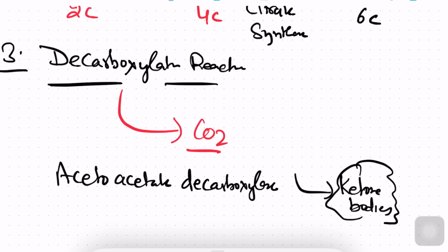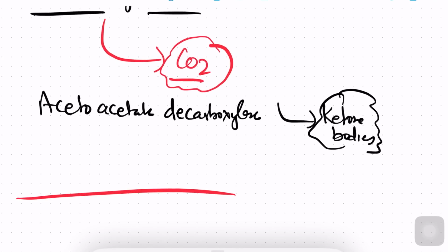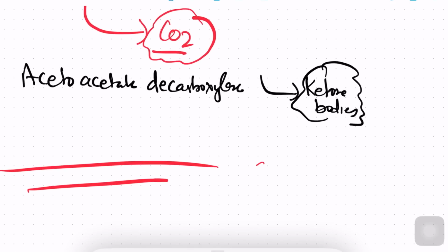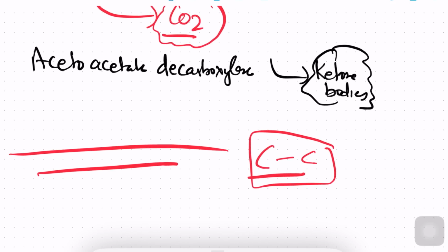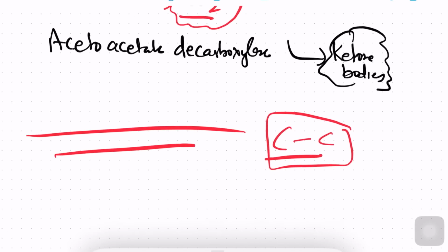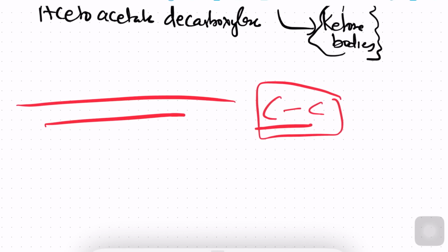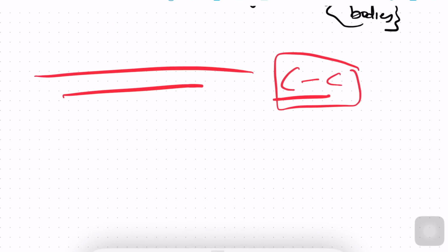So in this reaction we see release of carbon dioxide. Here we have discussed how breaking of carbon-carbon bonds can lead to various reactions within the cell. Yes, there can be making or cleavage of carbon-carbon bonds, and we have discussed clearly what is homolytic cleavage and heterolytic cleavage.